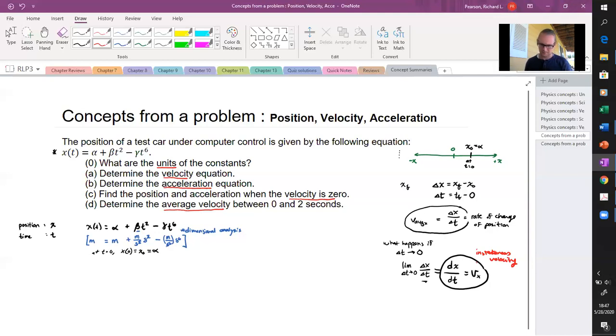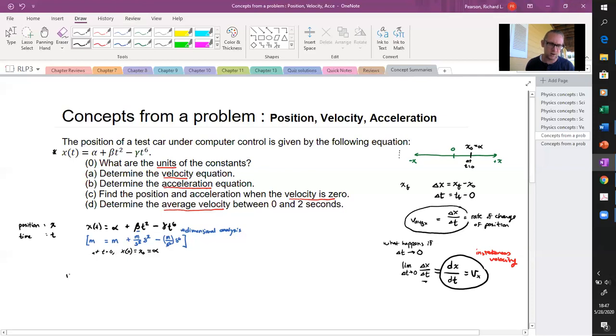So that means that we can look at this problem and say, I have an equation for x that is dependent on time. So in order to determine the velocity equation, I can just take the derivative of this equation and get the equation for the velocity. So, gosh darn it, we'll do it right now. Here we go.